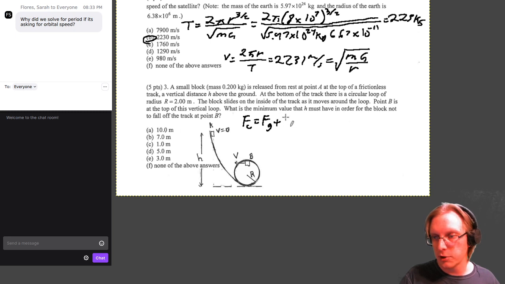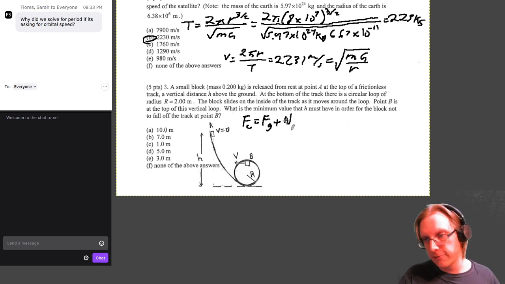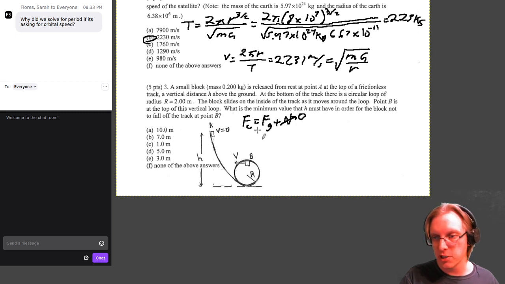We could in principle have a force normal. However, if we have a force normal, that means that we are too high. If we don't touch this thing here, and if we're actually going too low, then this was not high enough. So this is actually equal to 0. There is no force normal. So the centripetal force is entirely provided by gravity at the top of this loop here.